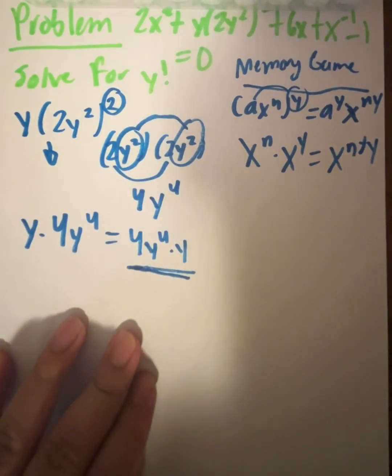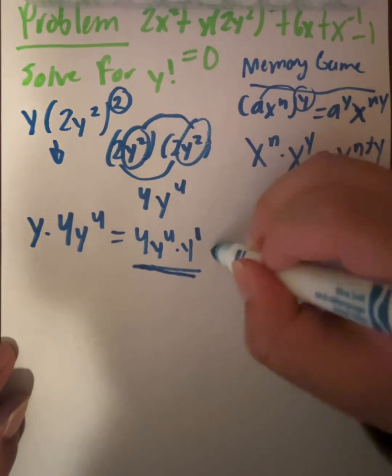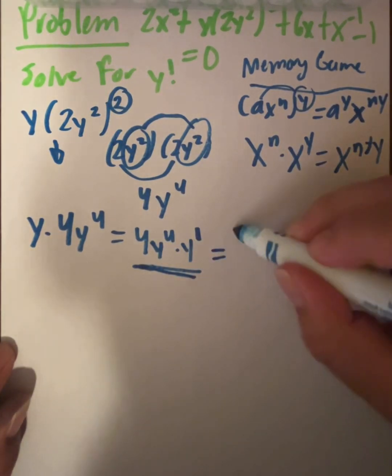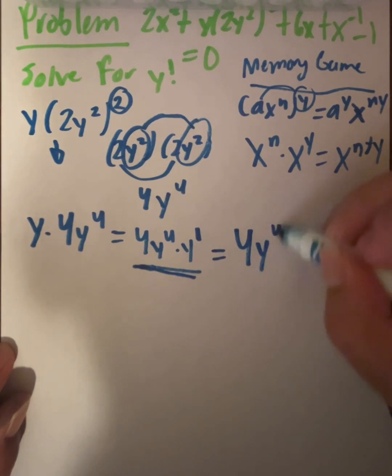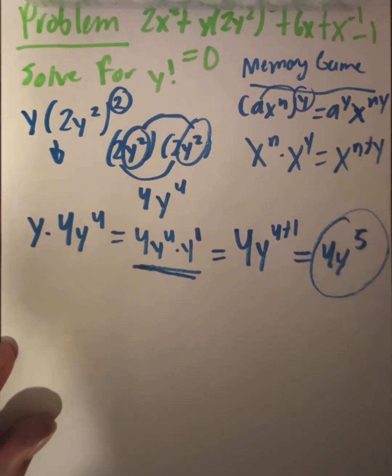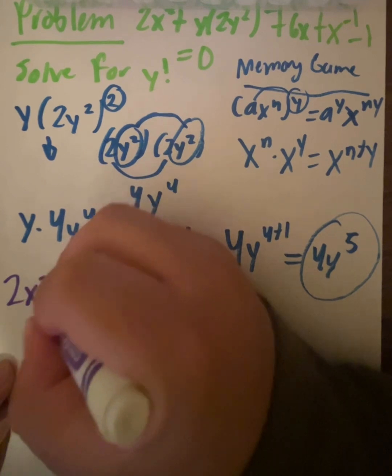That's probably an easier way to look at our memory game, but we would just add the exponents since our base y is the same. We have y times 4 to the y to the 4 plus 1, which is 4 to the y 5th, right there. That's our y. And so when we bring back our problem, we'll just have this.